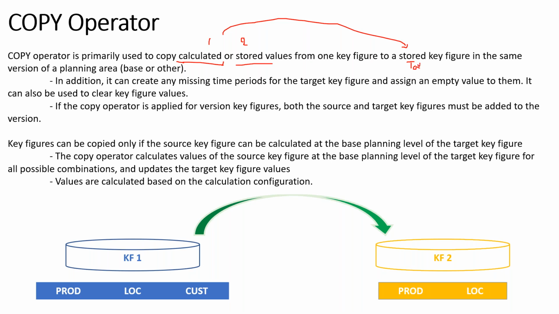This is our target. In addition, it can create any missing time periods for the target key figure and assign an empty value to them. It can also be used to clear key figure values. We also have a purge operator, but we can use the copy operator to clear all the values inside that key figure.